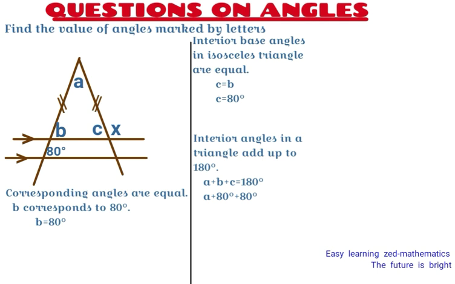Then we write A plus 80 degrees plus 80 degrees is equal to 180 degrees. That 180 degrees is the sum of angles in a triangle. Now 80 degrees plus 80 degrees will give us 160 degrees.